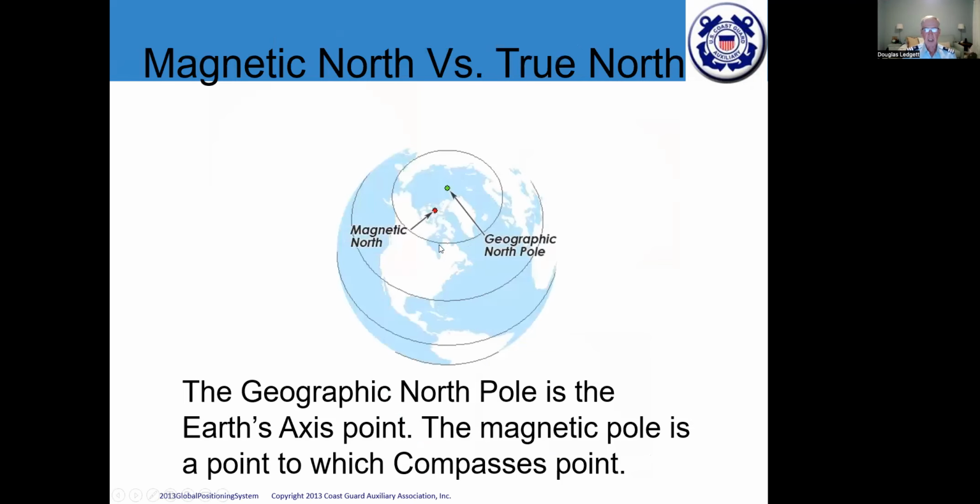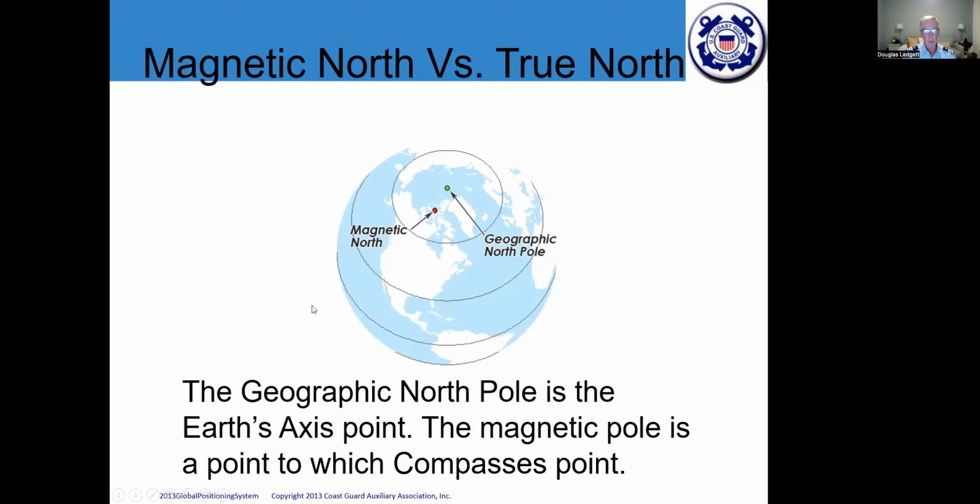So why do we have a compass? Well, a compass will tell us where magnetic north is, but magnetic north is not the geographic North Pole. And magnetic north changes depending on where we are on the Earth and depending on what our time is.